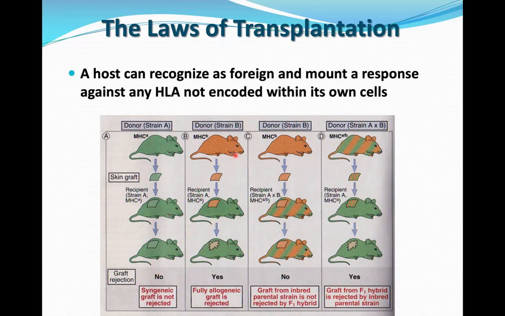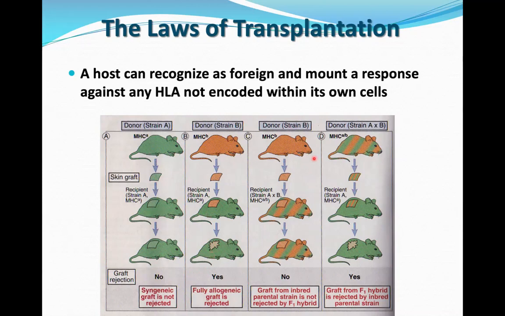If you then try to transplant a bit of skin from strain B into strain A, then you get what's known as an allogeneic response, and you get rejection after 10 days.